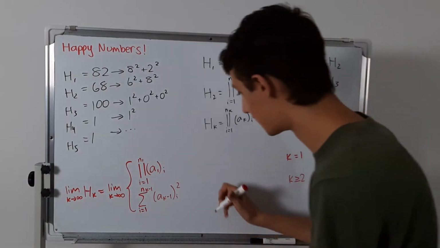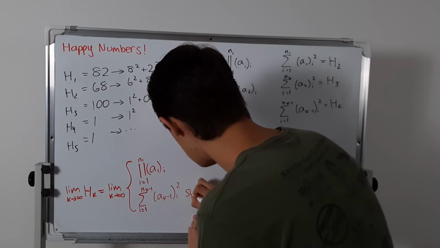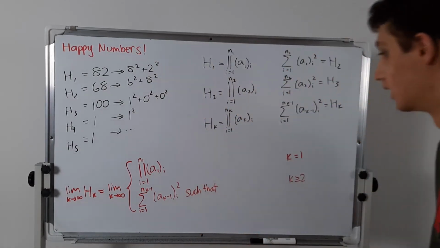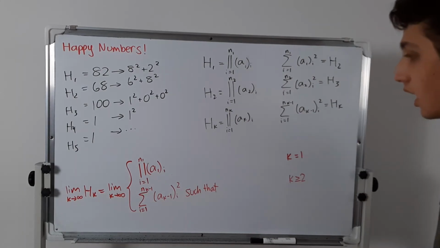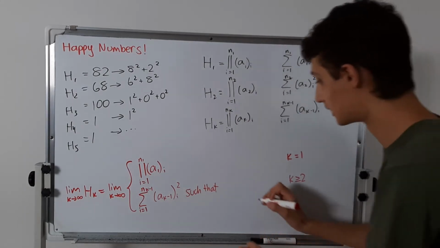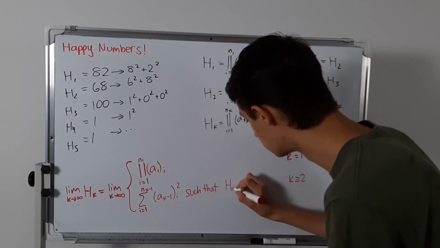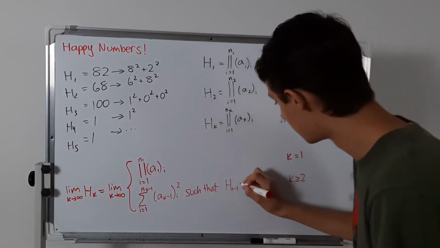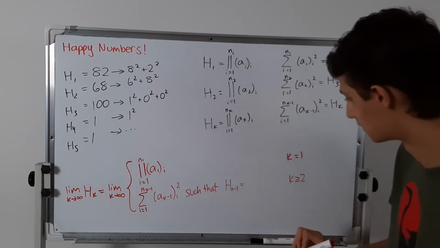So I'm going to say such that the number can be written. So basically we're going to look at h sub k minus 1, right? So we're going to look at the previous number, and I think I'm going to have enough space.